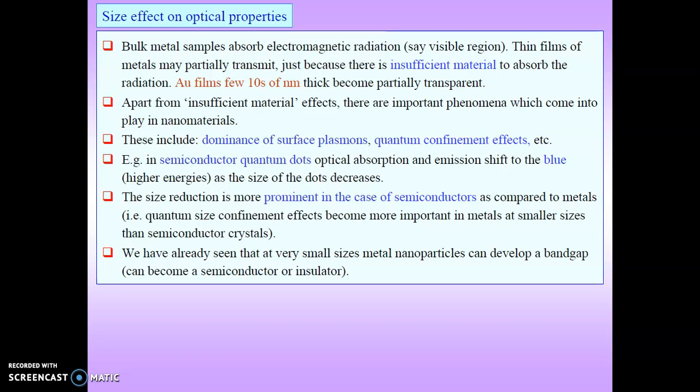The size reduction is more predominant in this case. That is a very important point in semiconductors. We already saw in the previous unit that, as compared to metals, quantum size confinement effects become more important at smaller sizes in semiconductor crystals.